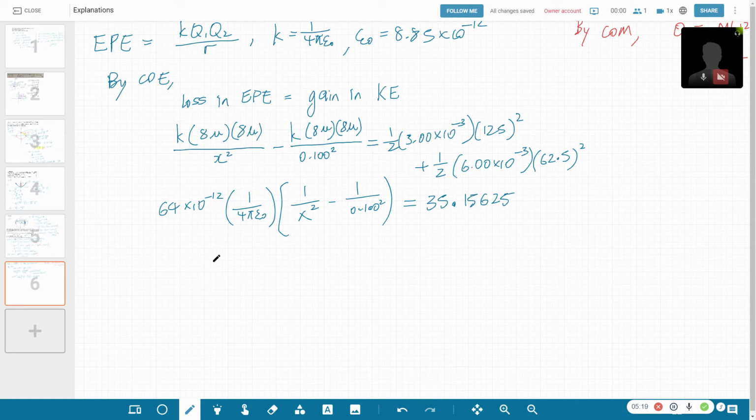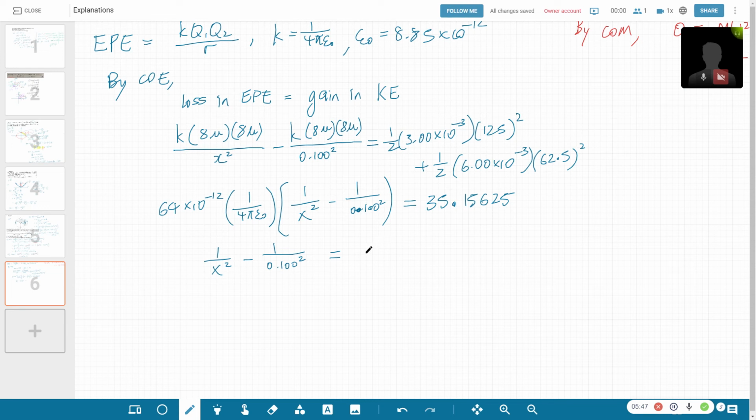So now I will just bring this over: 1 over x squared minus 1 over 0.1 squared, times 4 pi times epsilon naught, 8.85 times 10 power minus 12, and then divide by 64 times 10 power minus 12.